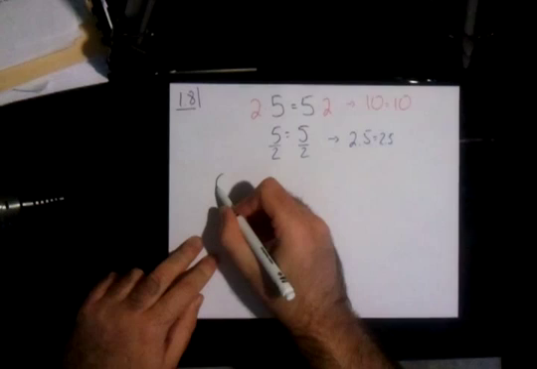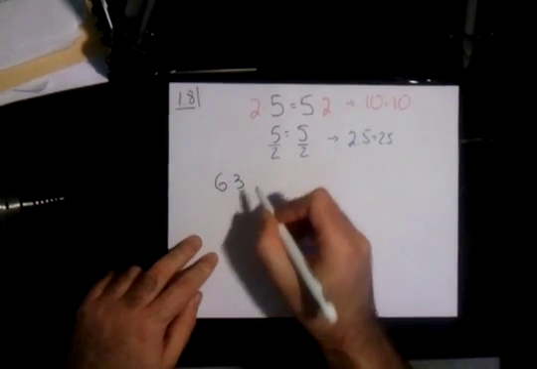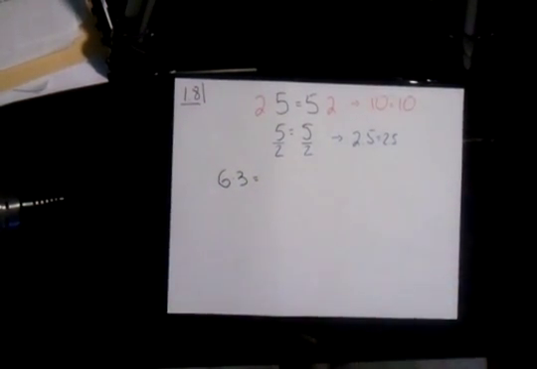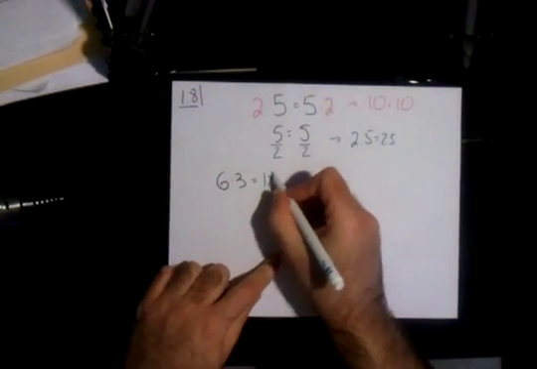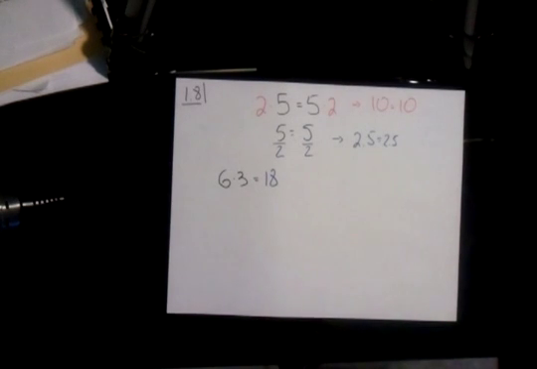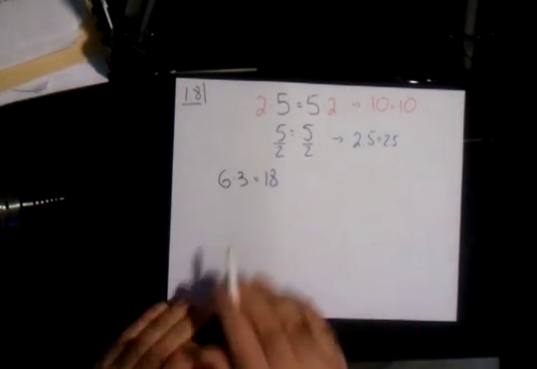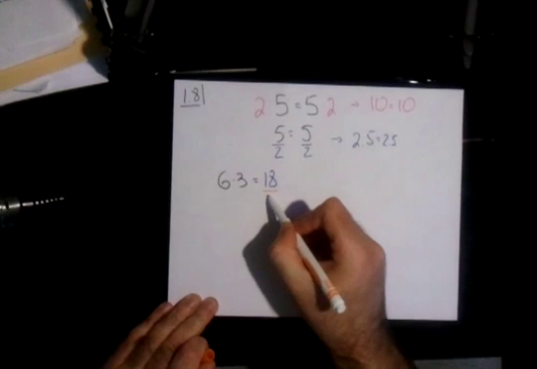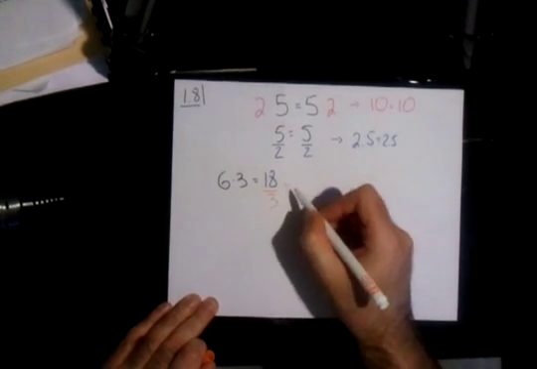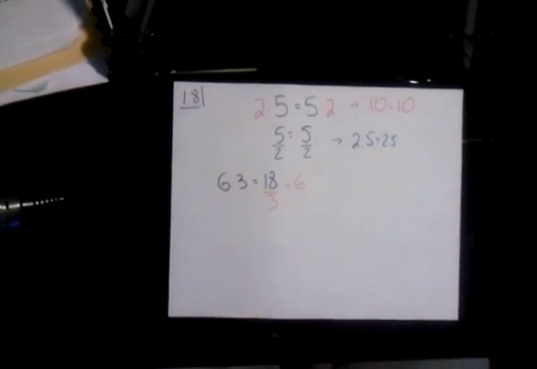Let's say I have 6 times 3. Pretty simple. That gives us 18. And then let's say I take this 18 and I divide it by 3, the opposite of multiplying it by 3. And this gets me back to 6.